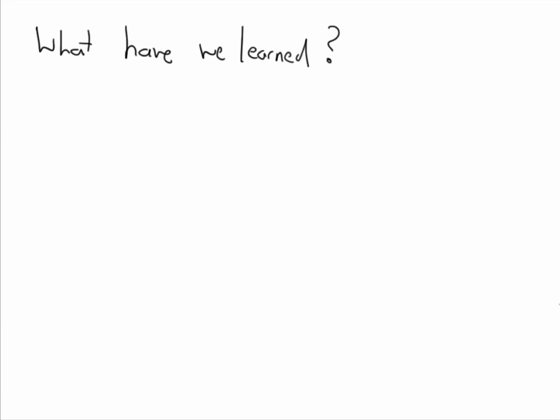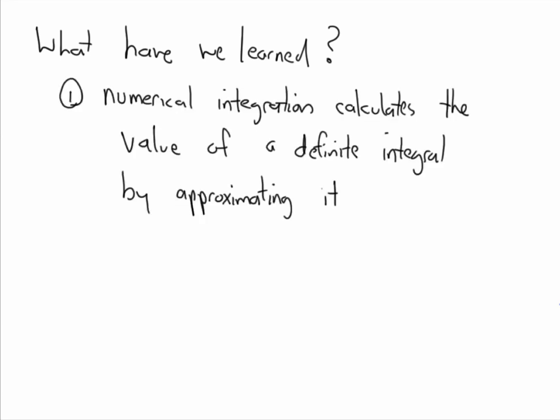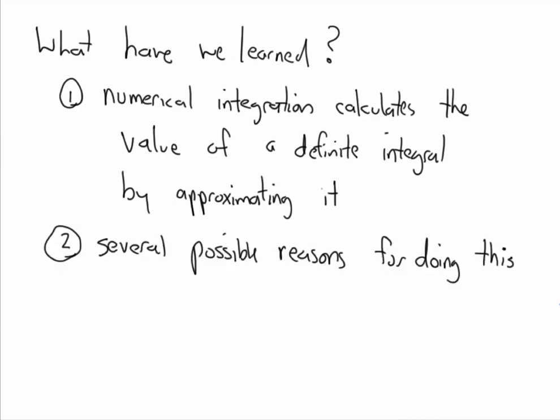So what have we learned from this video? First off, we've learned that numerical integration is the term for algorithms that are used to calculate the numerical value of a definite integral. And they do so by approximating that value at several points over some interval that we wish to calculate it over. And there are several possible reasons that you may want to use numerical integration.